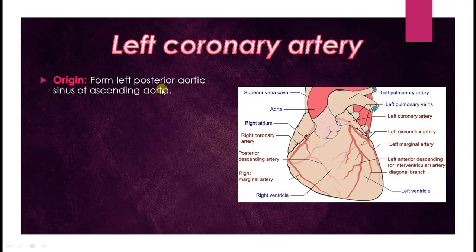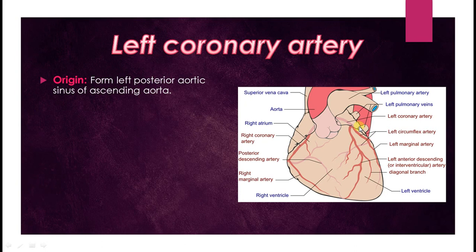The left coronary artery arises from the left posterior aortic sinus. Sometimes it might arise from the anterior aortic sinus. In that case, it has to take a longer course between the left atrium and the ascending aorta.